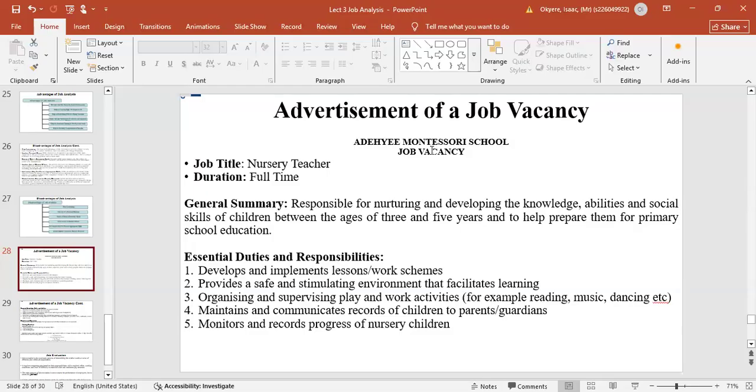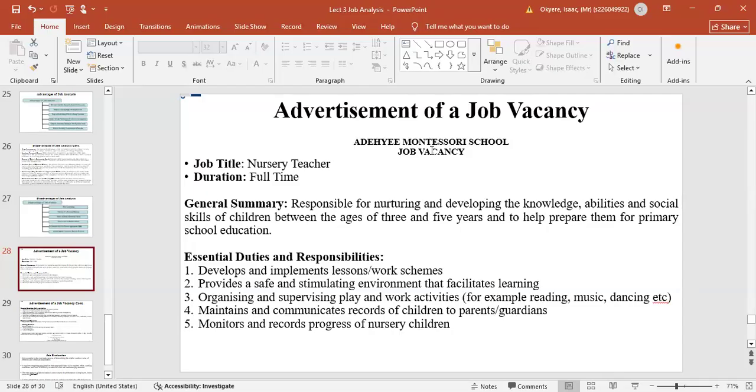So we talk about the general summary, that is, you are responsible for nurturing the children, for developing their knowledge and abilities, etcetera. So these are the job descriptions. It should come here. So I will tell you to advertise any job that you can have.